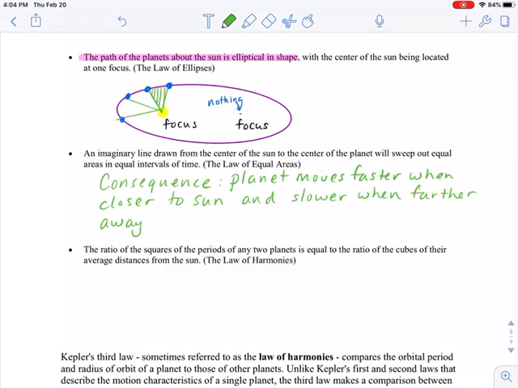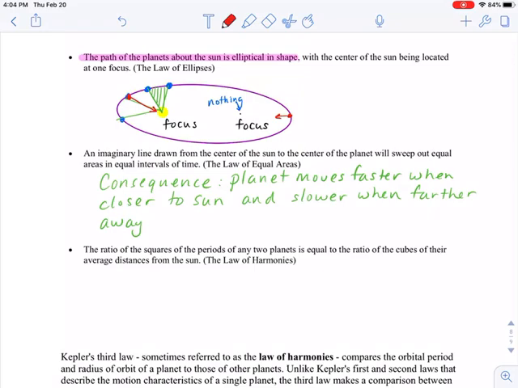And when we think about that, it should make some sense. When the planet is closer to the sun, the force of gravity is bigger than when the planet is farther away from the sun.